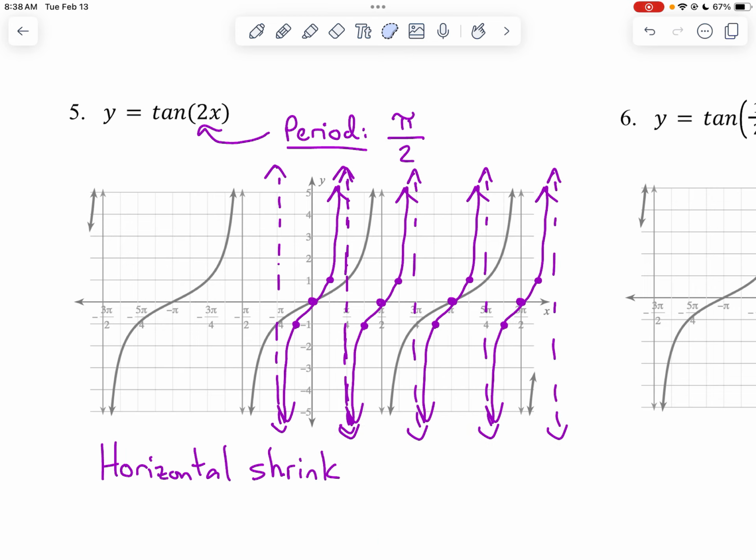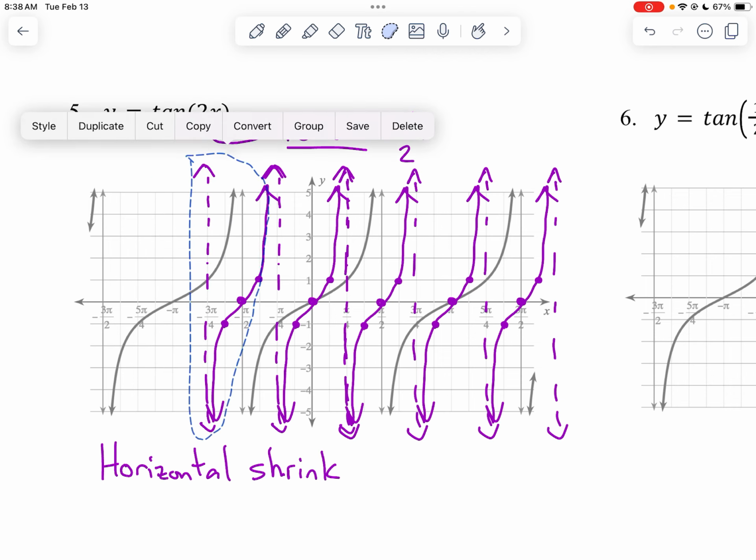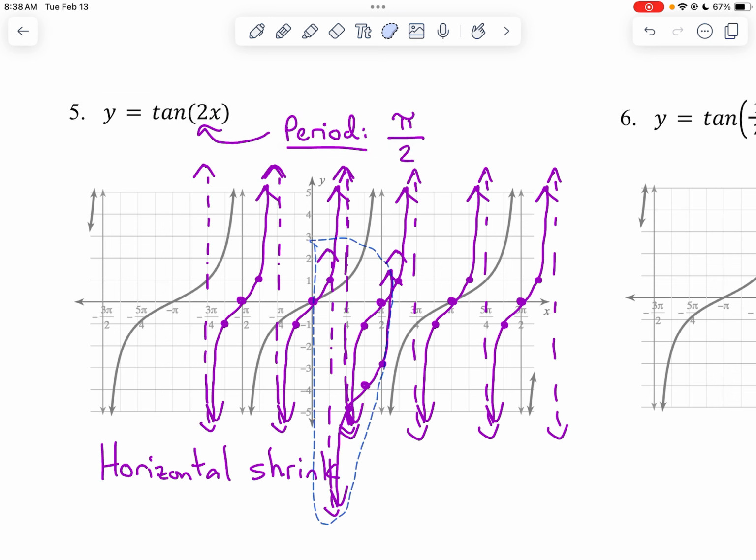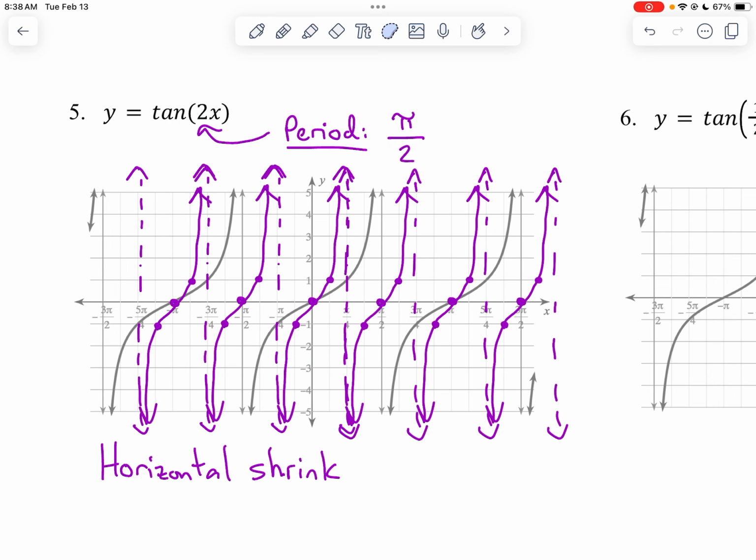And eventually here I do run out of graph, but you can see I can just continue to extend it forever and ever and ever. And then I can go on the opposite side of it here. And there's my graph. Okay?